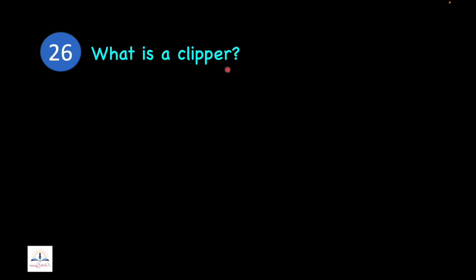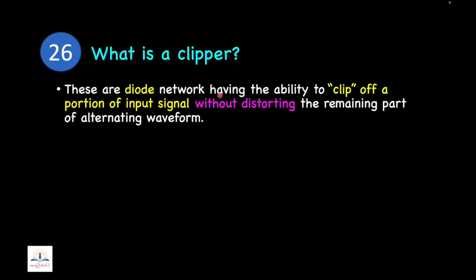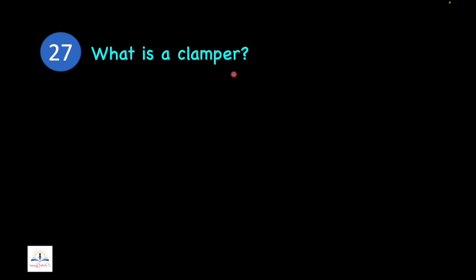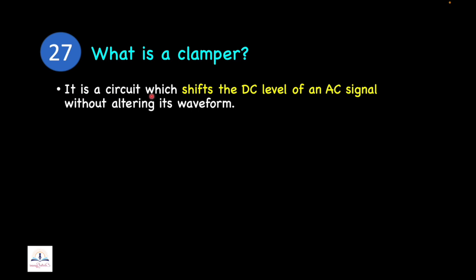Next, what is a clipper? These are diode networks having the ability to clip off a portion of the input signal without distorting the remaining part of the alternating waveform. An example is the half wave rectifier. Now what is a clamper? It is a circuit which shifts the DC level of an AC signal without altering its waveform.